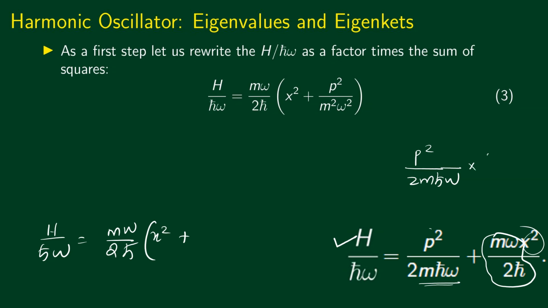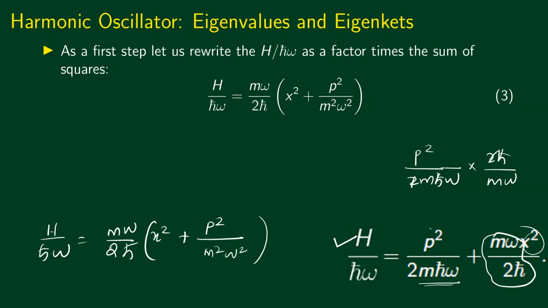So we have to divide this term by m omega by 2 h bar, or multiply this by 2 h bar divided by m omega. And we see that the h bar gets cancelled, the 2 gets cancelled, and we have got the second term as p square divided by m square omega square.